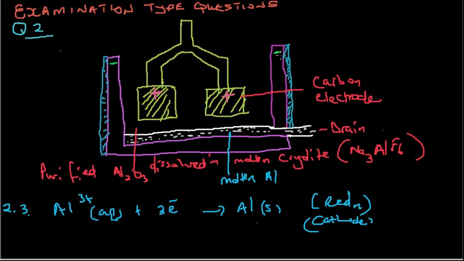Then question 2.4 says, explain why carbon dioxide gas is formed at one of the electrodes. Remember, we have our carbon electrodes there. They act as our cathodes as well as our anodes.